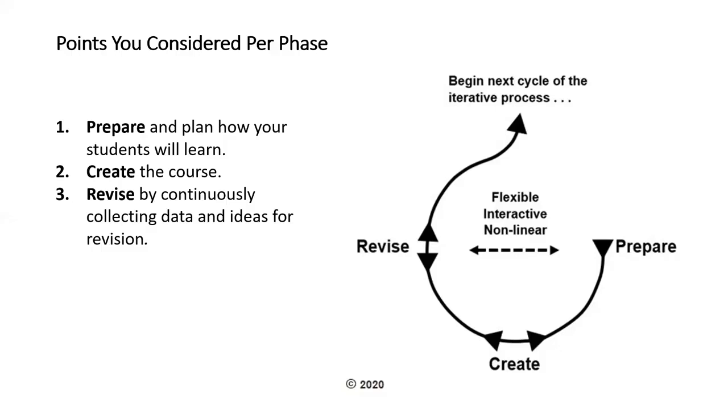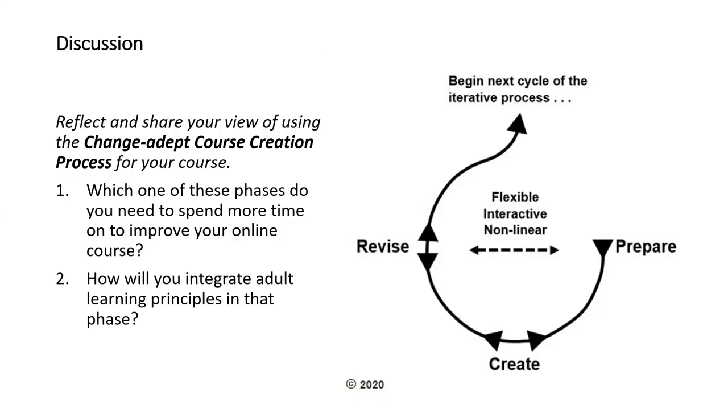I'd like you to please consider the points you consider per phase: prepare and plan how your students will learn, create the course, and revise continuously. So thinking about these points, let's go on to the next slide.